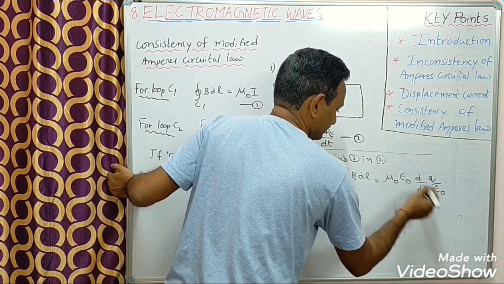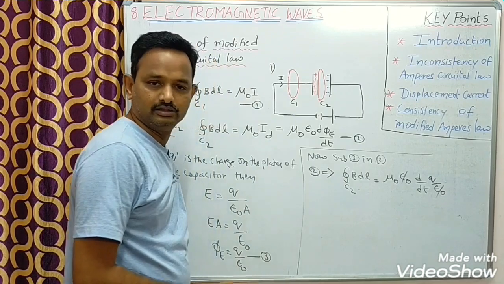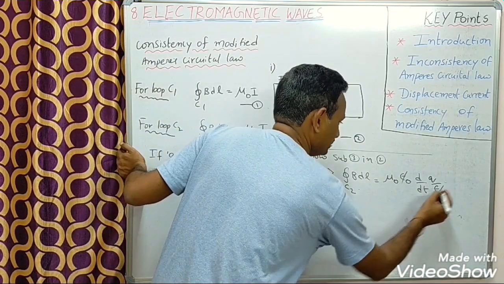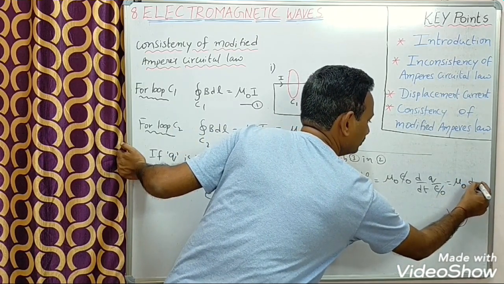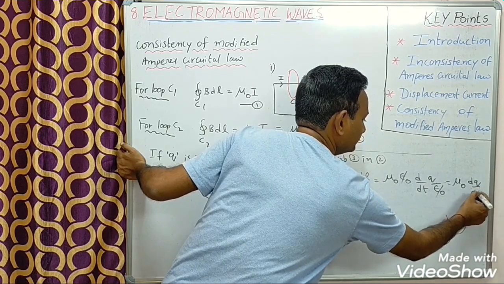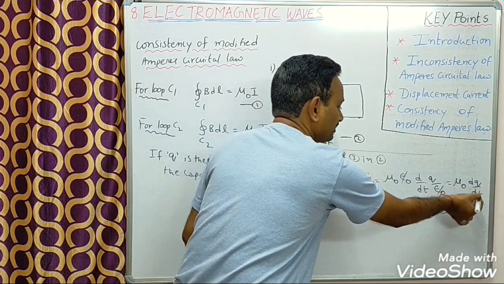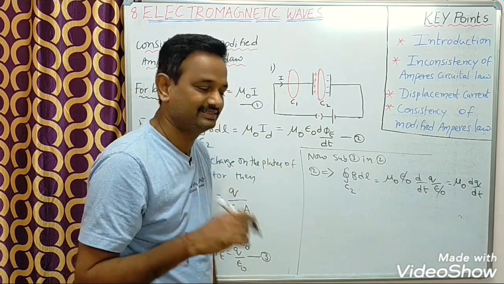Here the numerator epsilon naught and denominator epsilon naught will cancel, so we get mu naught into dq by dt. dq by dt means the rate of flow of charge. Rate of flow of charge means current.